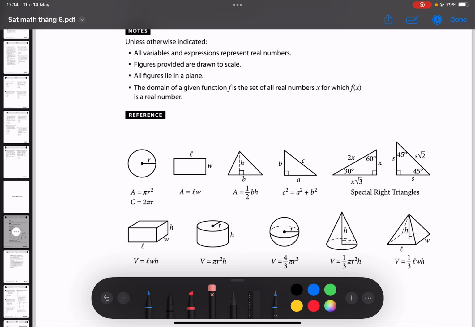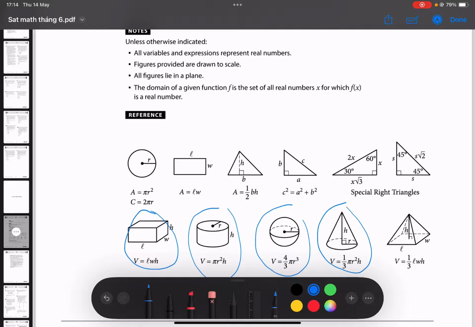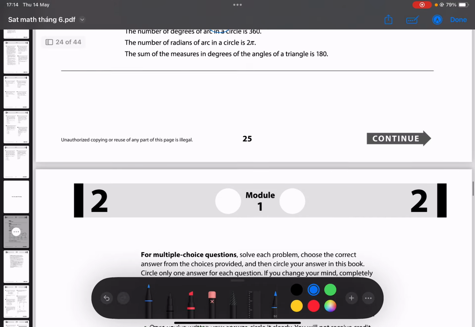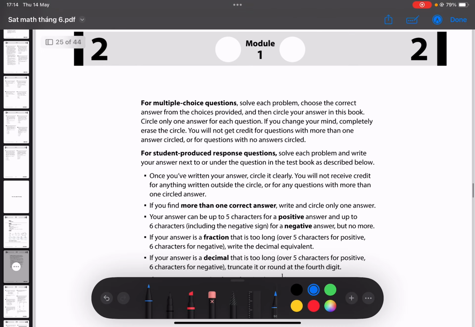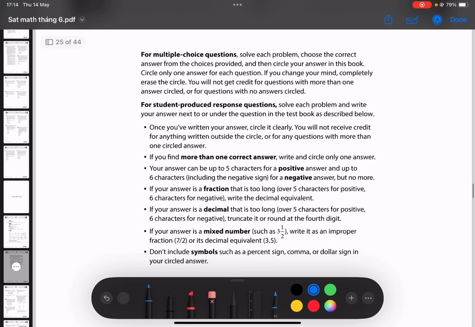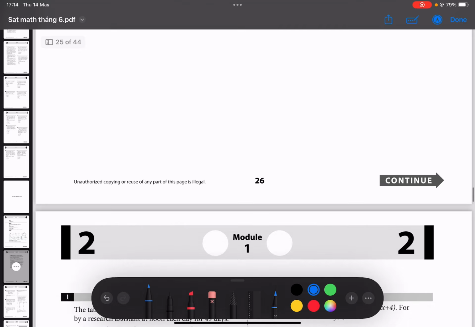As you can see here, this is a cylinder, this is a sphere, this is a cone, and this is a pyramid. On the next page are some instructions, and you can read through them by yourself.